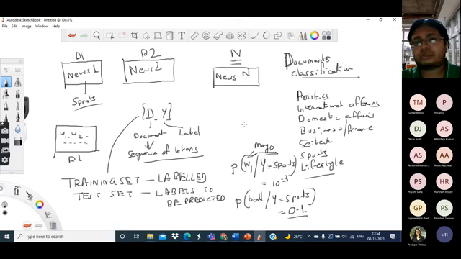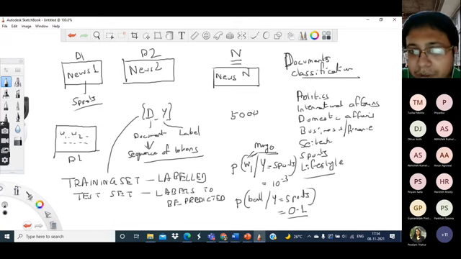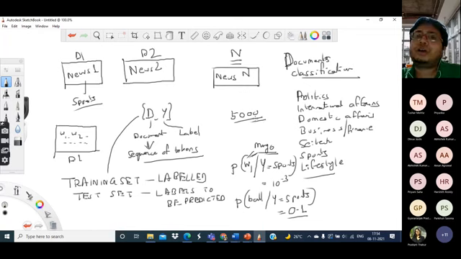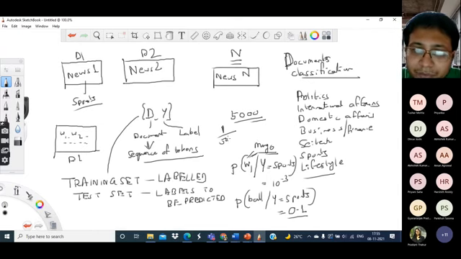Your vocabulary can be quite large. Let's say that even after stop word removal and stemming, you have a vocabulary of 5,000 words. The entire probability mass of 1 is to be divided among all these 5,000 words. If it is uniformly distributed, every word will have a probability of 1 by 5,000.